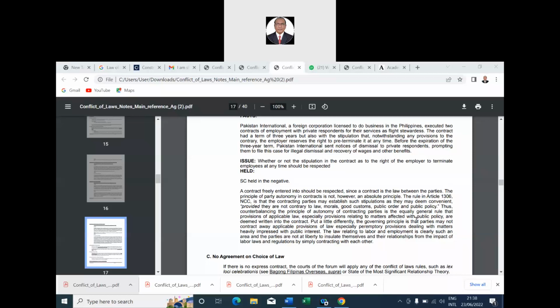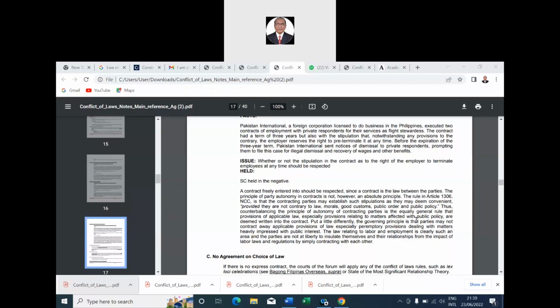If public interest is hurt, or public policy is hurt, or morals are hurt, or it is contrary to the law, that cannot be a valid contract, and it can be declared void by the court. The law relating to labor and employment is clearly such an area, and the parties are not at liberty to insulate themselves.